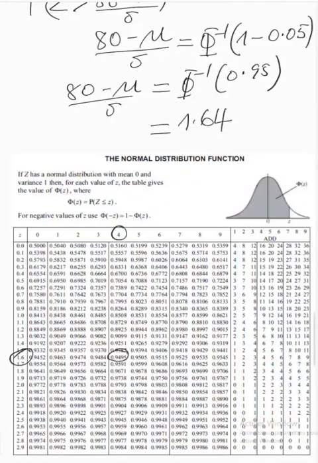What we need to do now is to get the difference between our target, which was 0.95, and the one we just got for the z-score to 2 decimal places, which is 0.9495, and the difference will help us to get to the third decimal place.